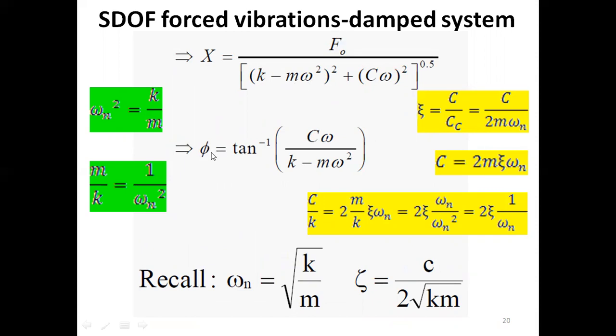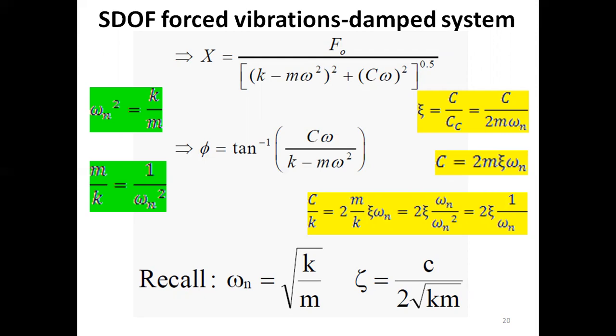Similarly, we came up with the mathematical model for the initial phase of the steady state response in terms of stiffness, damping, mass, and frequency of excitation. These two equations are not dimensionless. As you see, k, m, and c. So you have to take care of the units in which you are working.